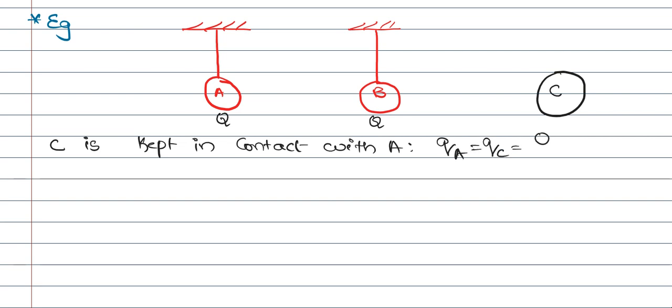It is 0 plus Q, divided by 2, so it will be Q by 2, as I am assuming all three are identical spheres.